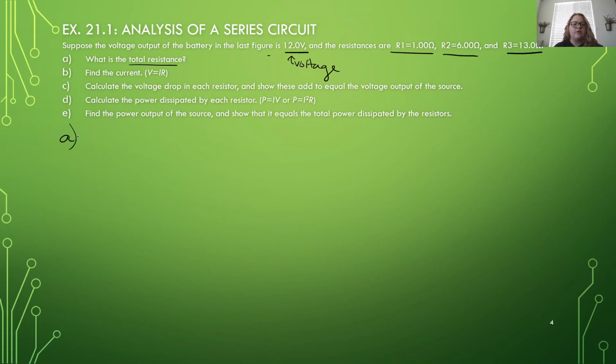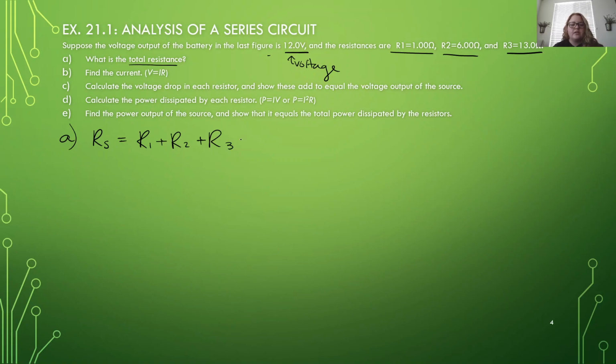So remember what I said, that our total resistance, R in series, is going to be the sum of all of our resistances in series. So this will be R1 plus R2 plus R3.